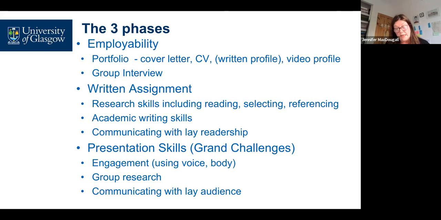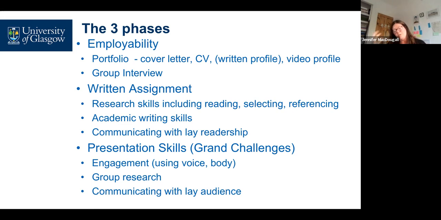So 60% of the assessment is coursework. We start with an employability section, where the students have to create a portfolio based on an internship ad, and then they also have to take part in a group interview. I'll show you that in a moment.